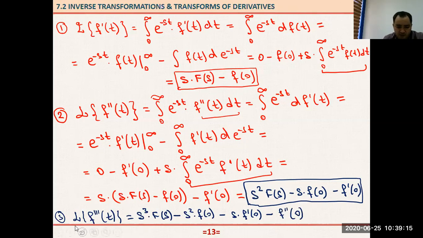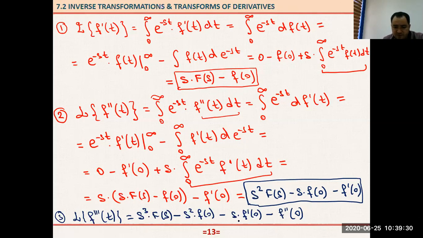Now, how about if we have 4? It will start with s to the power 4, and always in the first place we have capital F, and the rest is in terms of the powers of s and the initial values.